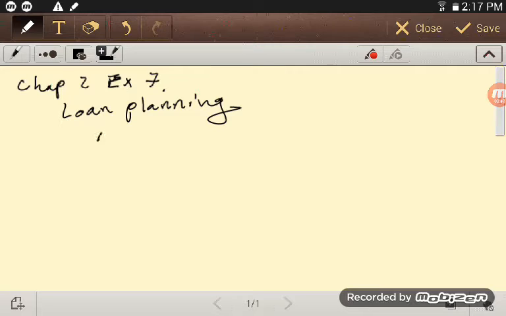Okay, so we want to allocate $5 million. And the risk cannot exceed 3.7%.